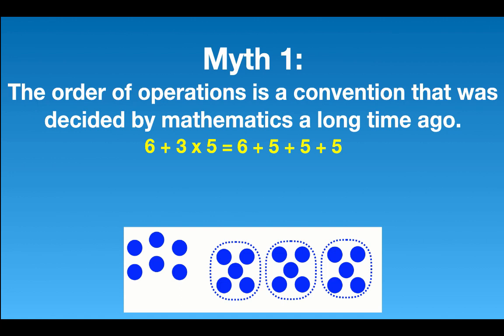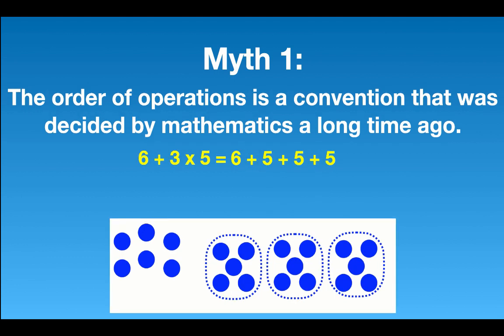And it can be rewritten as 6 plus 5 plus 5 plus 5. Now, because of the commutative property, these numbers could be added in any order, maybe from left to right. 6 plus 5 gets 11, plus 5 is 16, plus 5 equals 21.